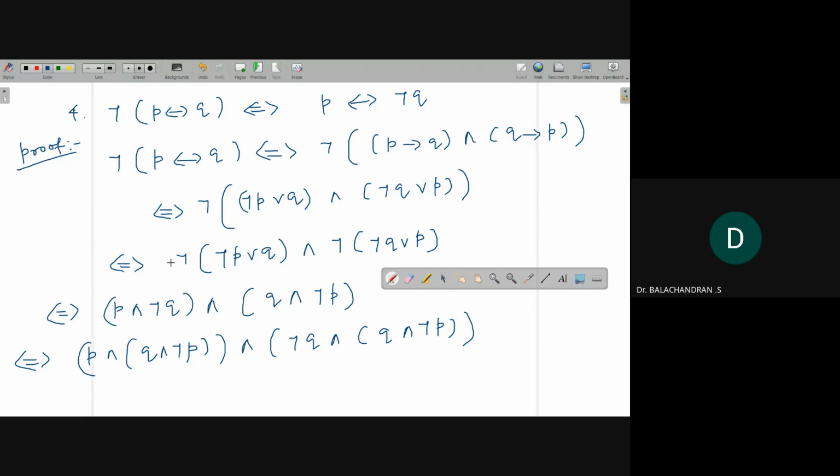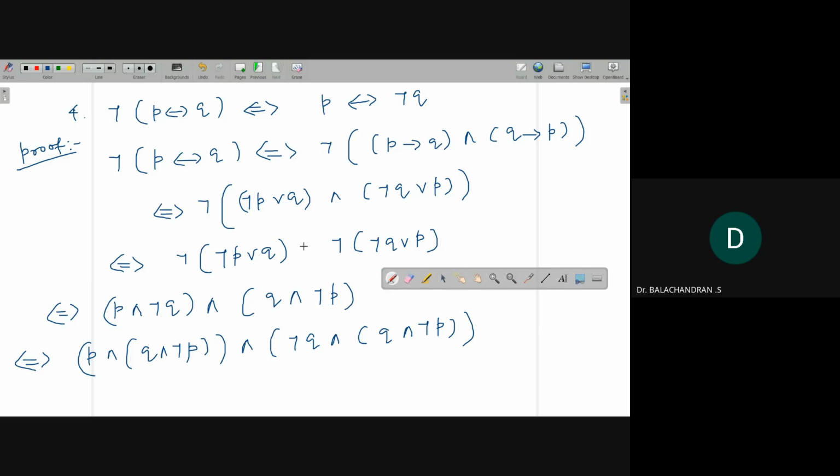Here, if I apply the negation inside, the AND should be converted to OR. Thank you, that's why I'm checking.